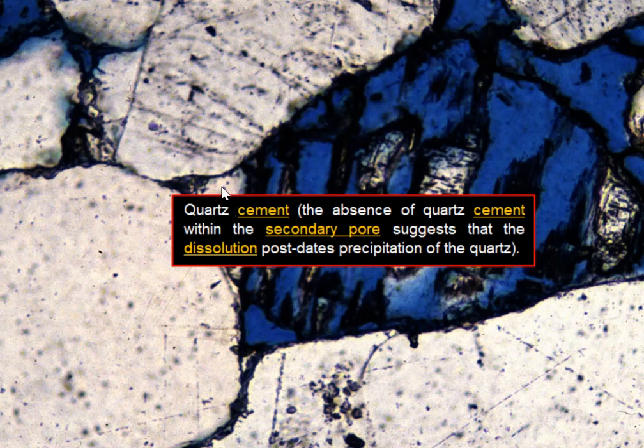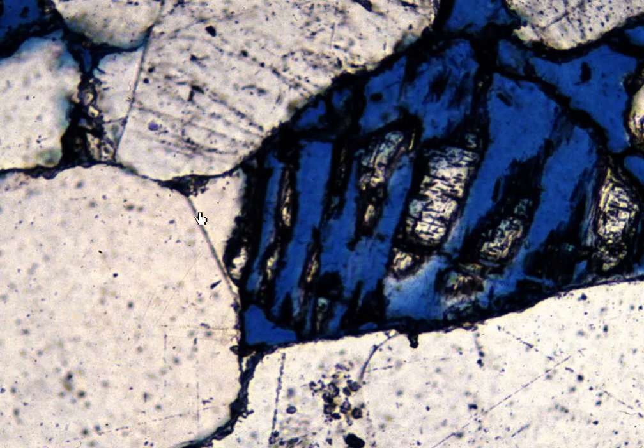Here, it looks very much like this bit of quartz cement is filling in between grains, but you'll hopefully recall that this area is actually thought to be a quartz cement as well, but we have the original grain boundary highlighted here because there are little bits of clay along the edge of that initial grain boundary.